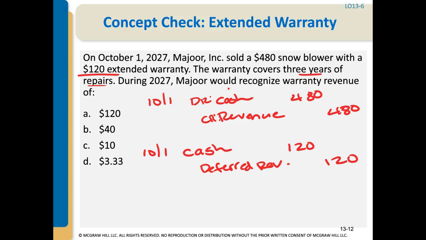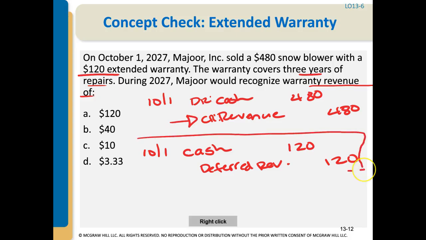And the question asked, during 2027, how much warranty revenue would the company record? The revenue up here is just the regular revenue. It's talking about the second part. How much revenue at the end of the year would we recognize from this extended warranty? The warranty is for 3 years, and we need to figure out 12/31/27.